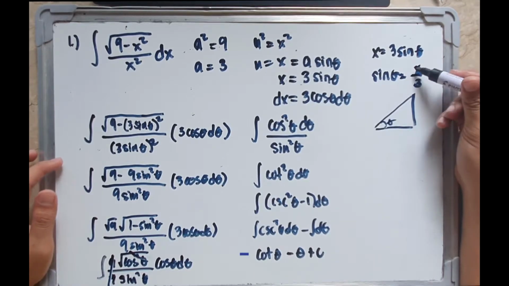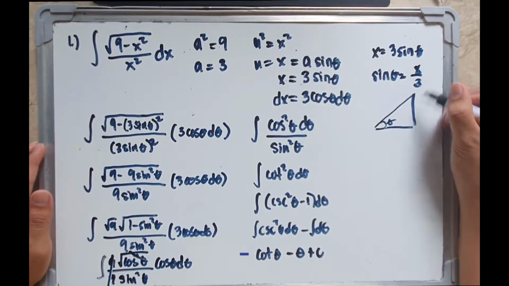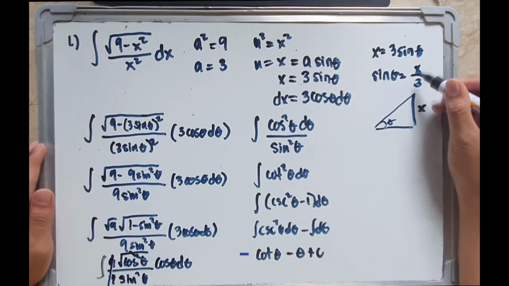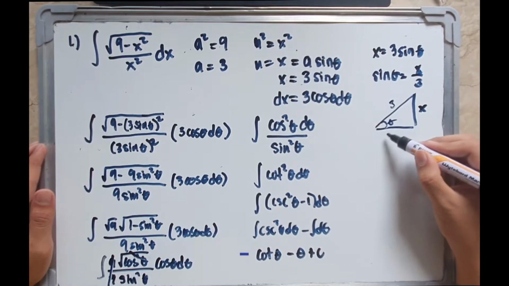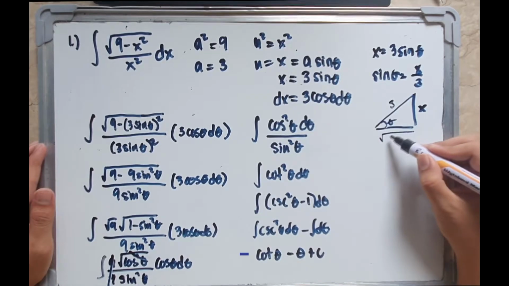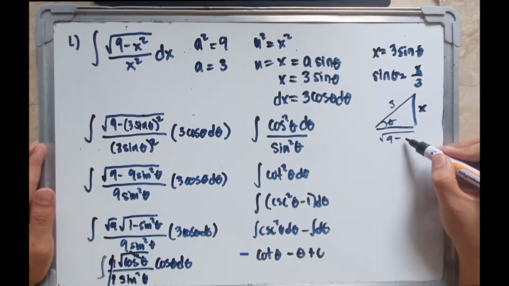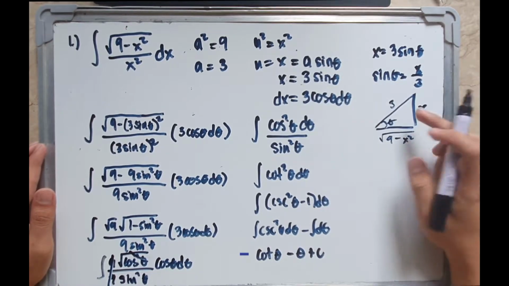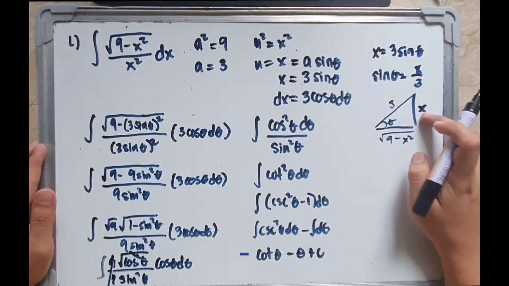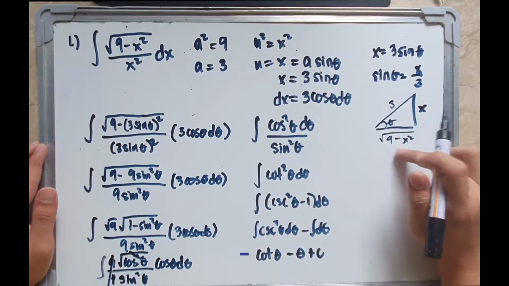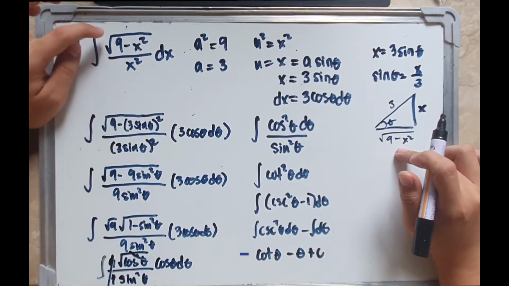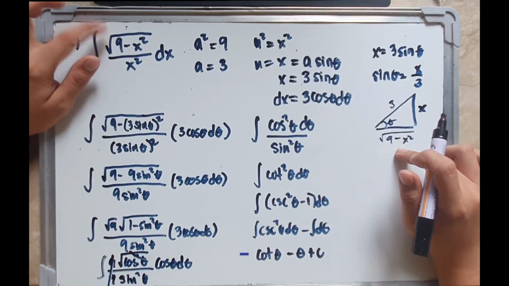Sine theta is the opposite x and the hypotenuse 3. Therefore the missing part is the square root of 9 minus x squared: hypotenuse squared minus the other side squared. Notice this is familiar to you. This is already given right here, square root of 9 minus x squared.